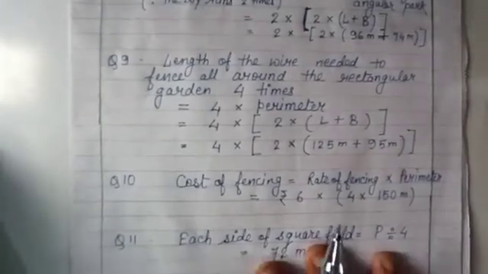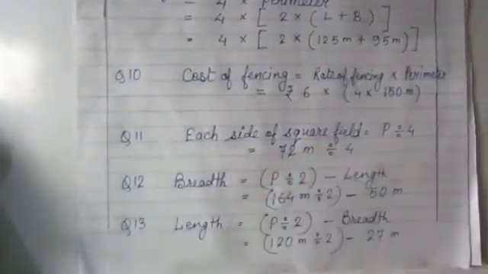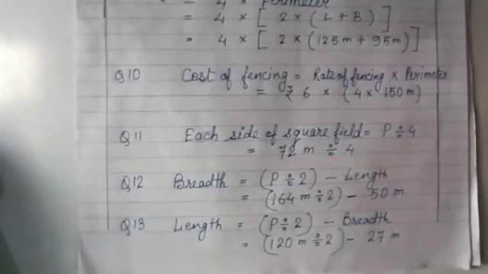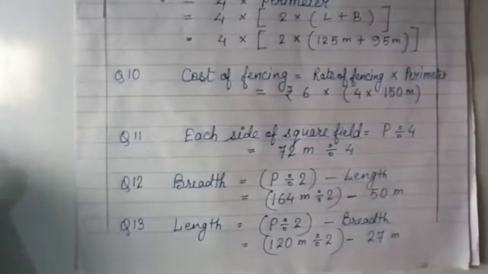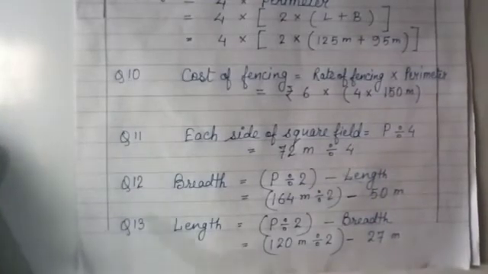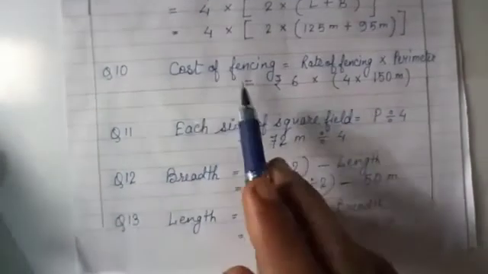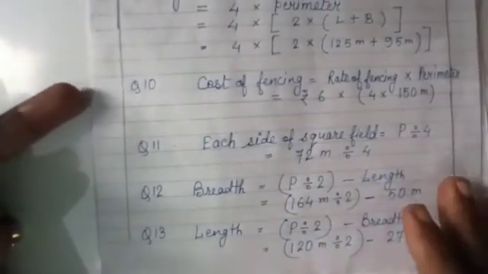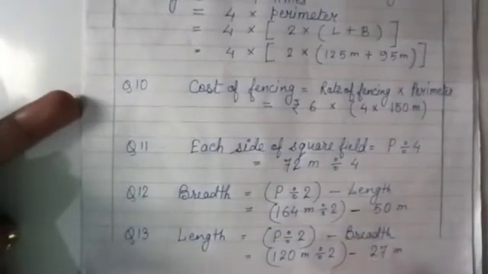Look at question number 10. It is given: find the cost of fencing a square park, each side 150 meters, at the rate of 6 rupees per meter. So you have to find the cost of the fencing. Earlier we discussed that cost of fencing means rate of fencing into perimeter, and it is a square shaped park.